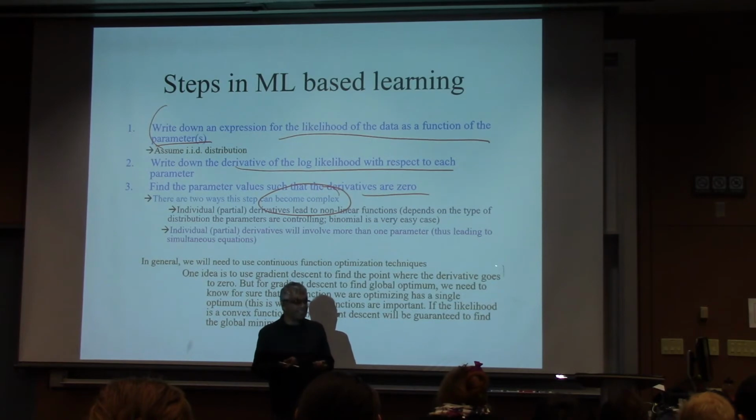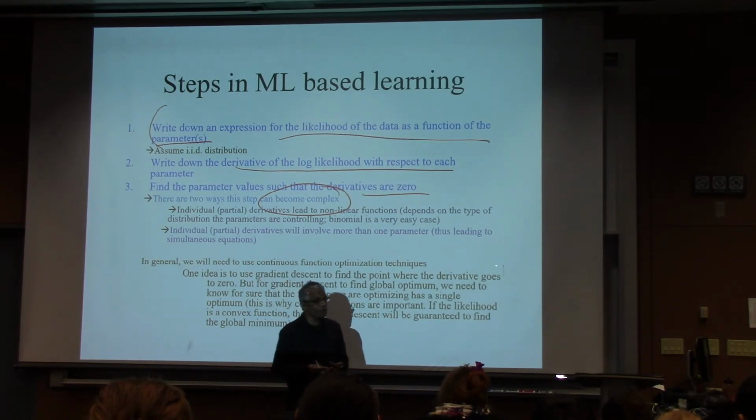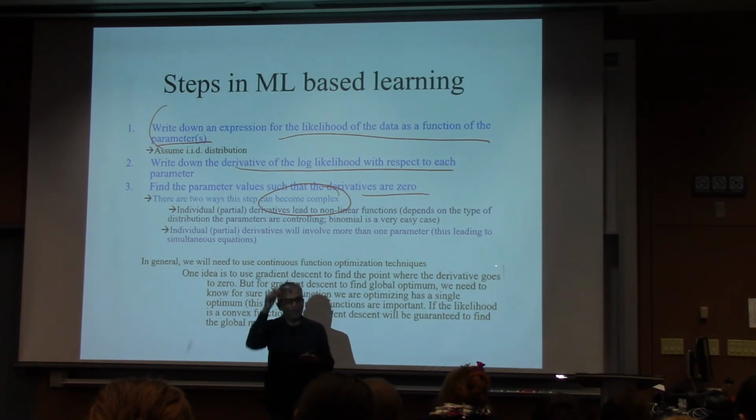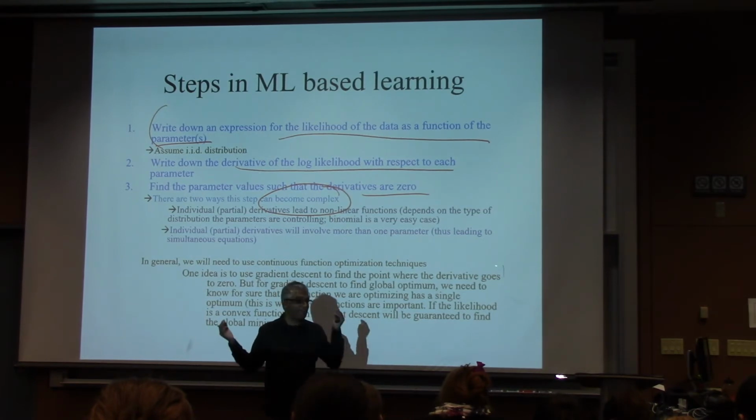When you do that, it turns out that the likelihood is no longer a product. You have to marginalize, because of which there is no simple way to equate the derivatives to 0 and find the parameter values. So in that case, you actually do gradient descent.